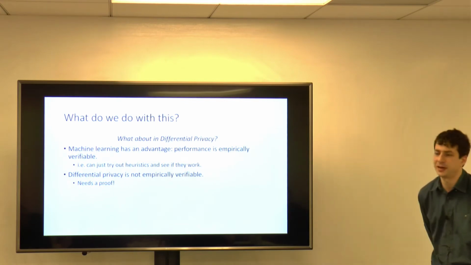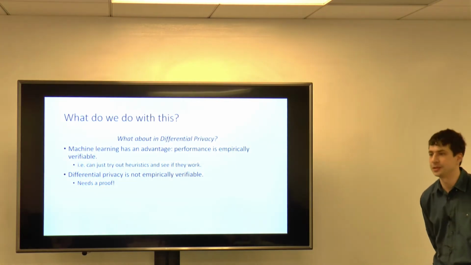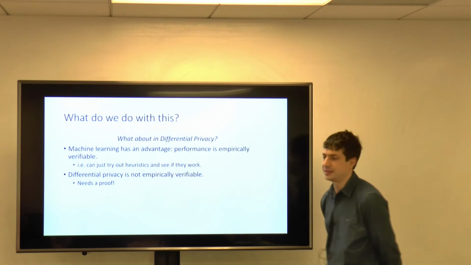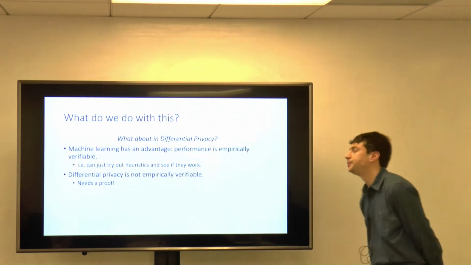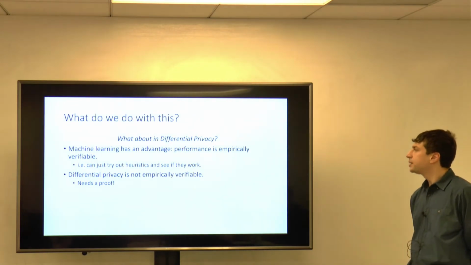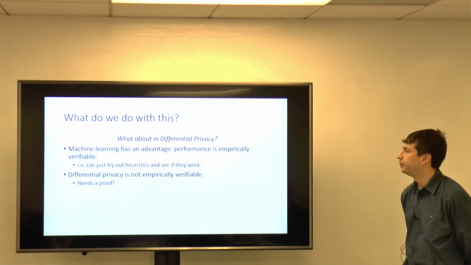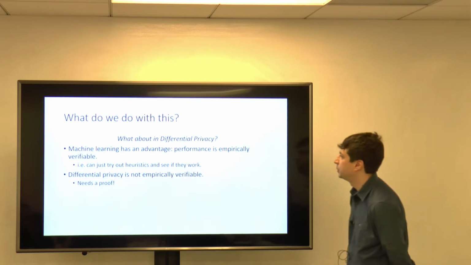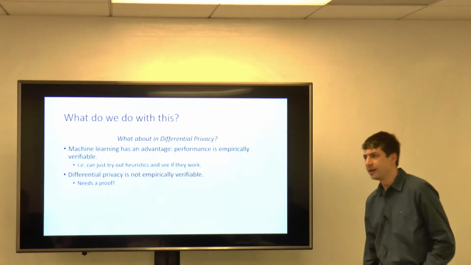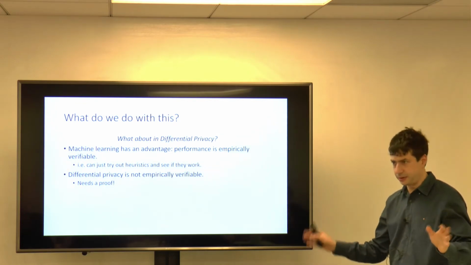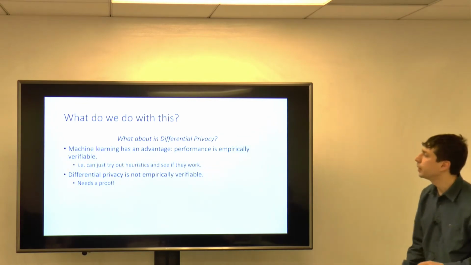Basically, stochastic gradient descent is already robust to noise. So you can run stochastic gradient descent and add Gaussian noise, and now it's private, and it does the same thing. So that solves a lot of convex ERM problems. It doesn't get you all of the way there for synthetic data generation, but you can do that.